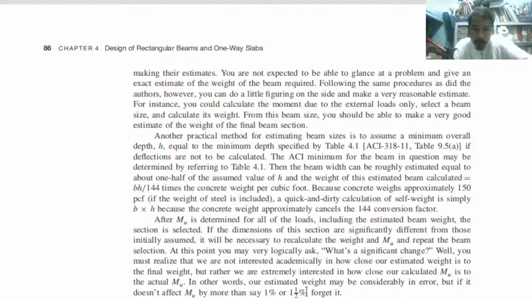In other words, our estimated weight may be considerably in error, but if it doesn't affect Mu by more than, say, 1% or 1.5%, you don't need to recalculate.